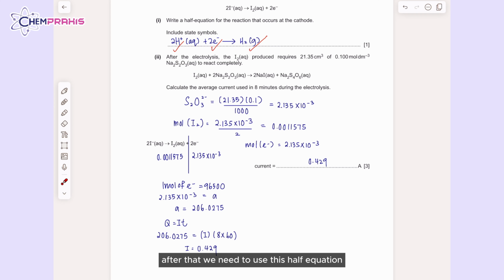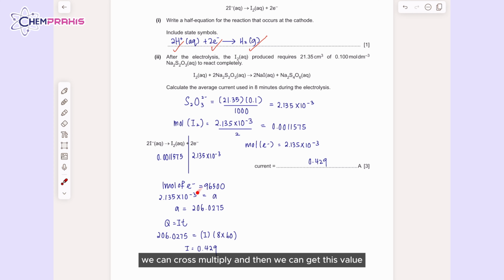After that, we need to use these half equations because we need to find the number of moles of electrons. So this is the number of moles of electrons, which is 2.135 times 10 to the power of negative 3. And if we are able to find the number of moles of electrons, we can compare to the Faraday constant, in which 1 mole of electrons is equal to 96500 coulombs.